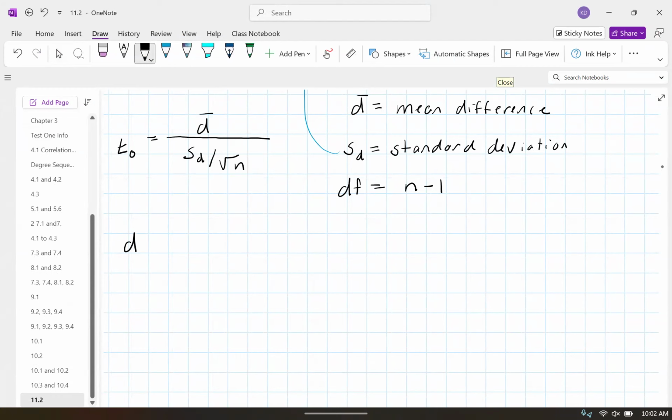So, D bar equals negative 0.158 over 12 because we have 12 students in this set. And what does that give me? Negative 0.158 divided by 12. I get negative 0.0132.